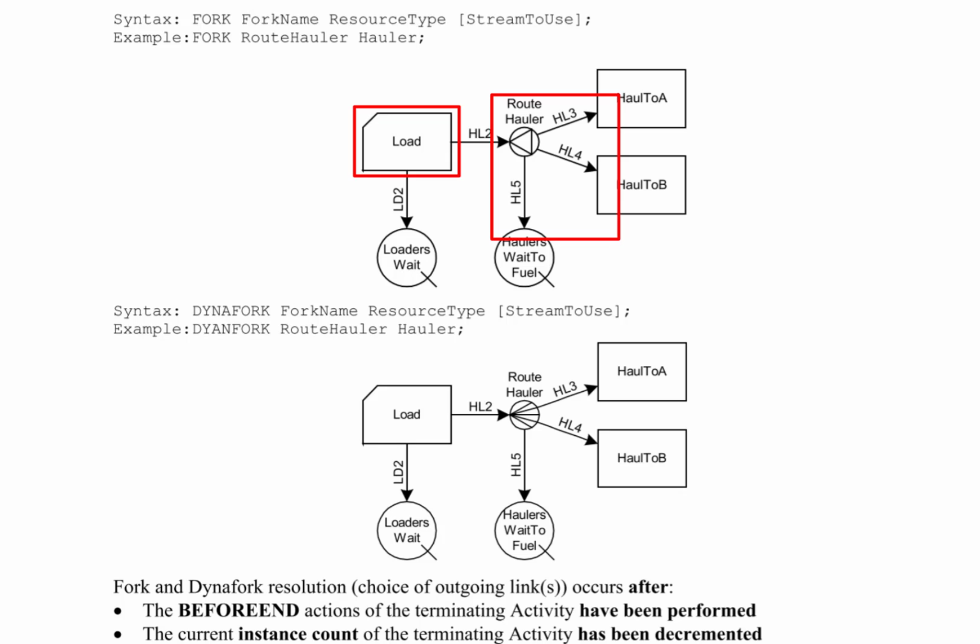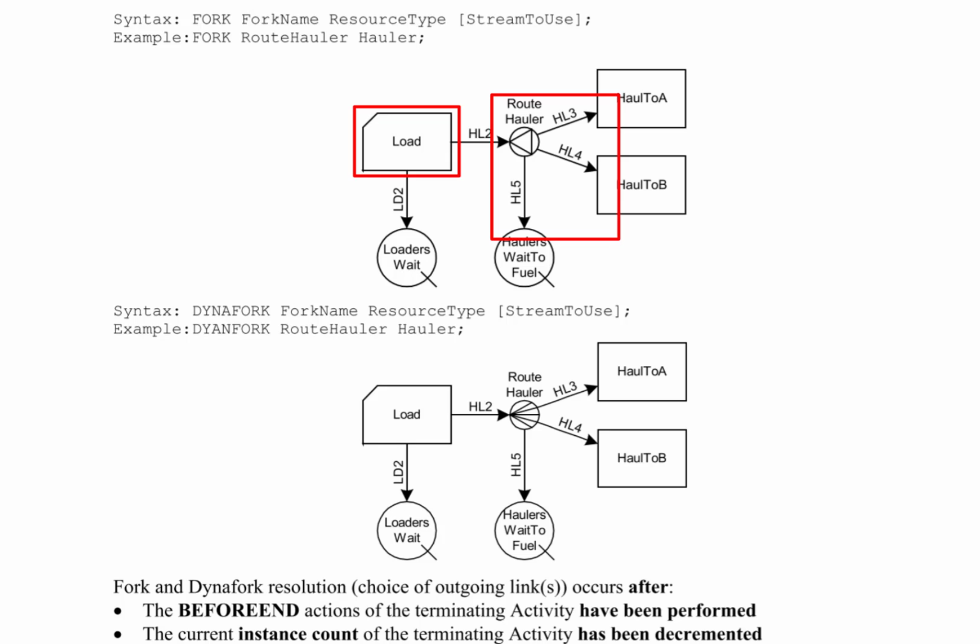When the fork route hauler receives a message from the terminating instance of load, it does probabilistic sampling among the outgoing links HL3, HL4, and HL5 and determines one of the three to activate. It then sends a message along that link to the node that follows, which can be normal activity haul to A, or normal activity haul to B, or the queue, to get in context to receive resources.